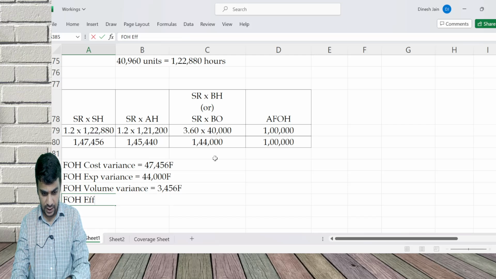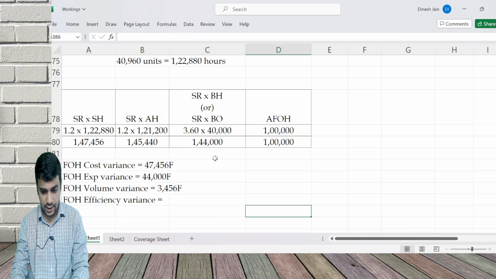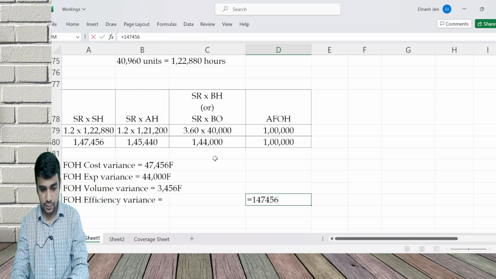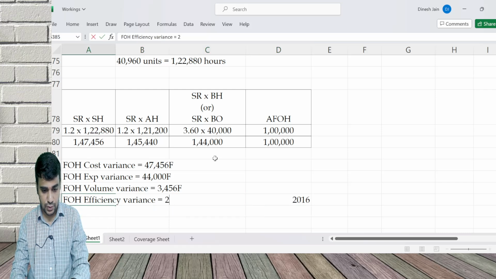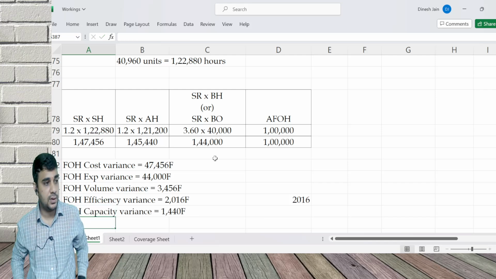FOH efficiency variance is equal to 2,016 favorable, and FOH capacity variance is 1,440 favorable. These should be the numbers.